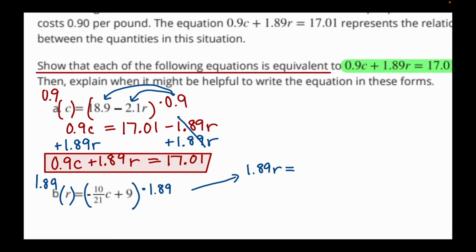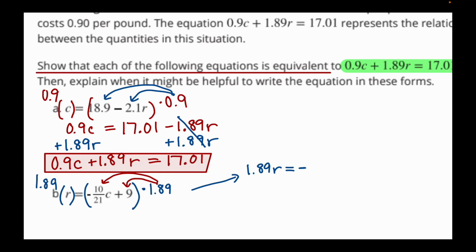Now, if you're going to do this on a four-function calculator, I definitely recommend multiplying numerators and dividing by denominators. So I'm going to take that 1.89 and it's going to get multiplied with the negative 10, or I just know my answer is going to be negative, so I'll put my negative here. But that 10 over 21, that's the part I'm going to distribute here first. So we're doing 1.89 times 10 over 21, and then we'll do it times the regular 9. This, I'm going to multiply by 10, and then when I get that answer, I'm going to hit divide by 21.